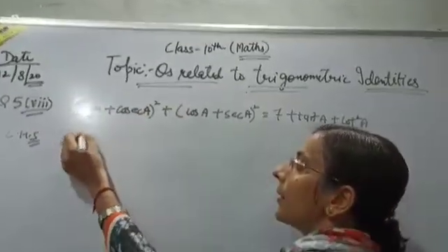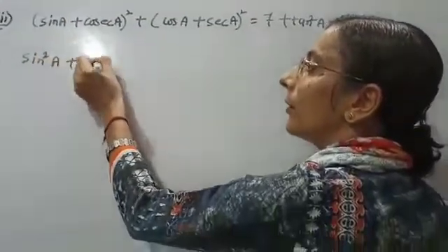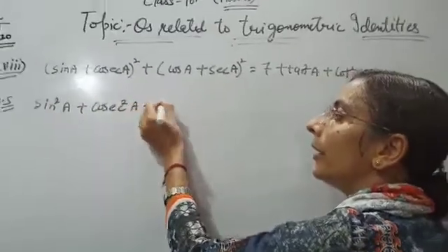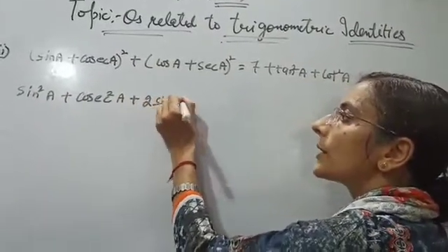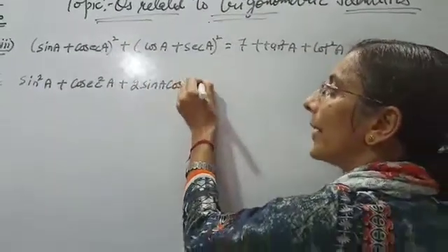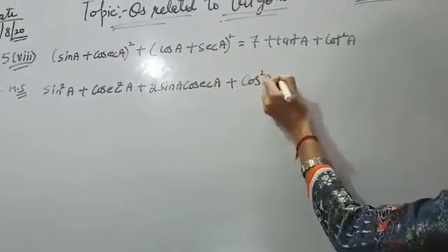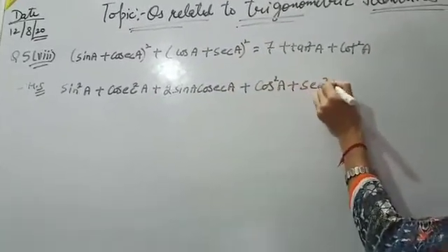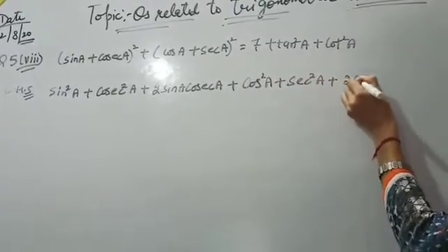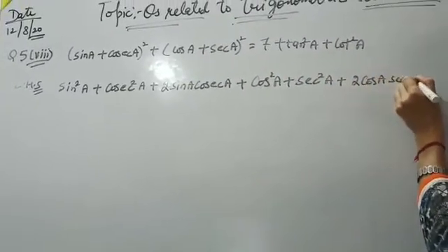It makes sin square A plus cosecant square A plus 2 sin A cosecant A, plus cos square A plus secant square A plus 2 cos A secant A.